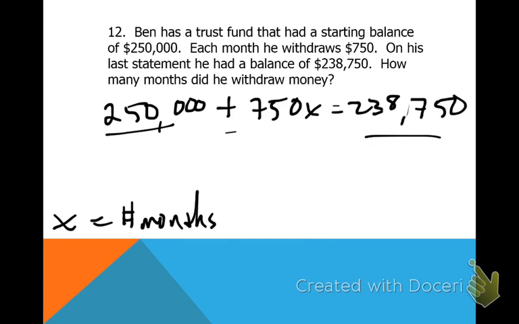If you're withdrawing money, you're actually subtracting. Guys, don't put anything up yet. We're not done. We want to subtract. Then we're going to go solve.